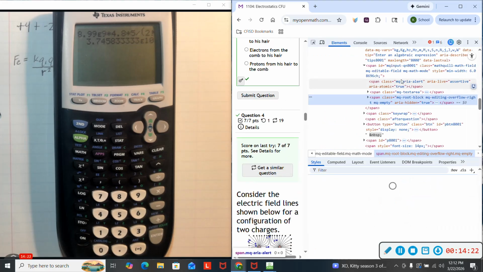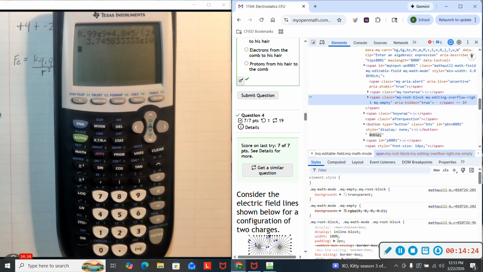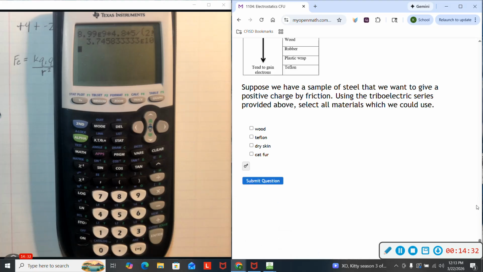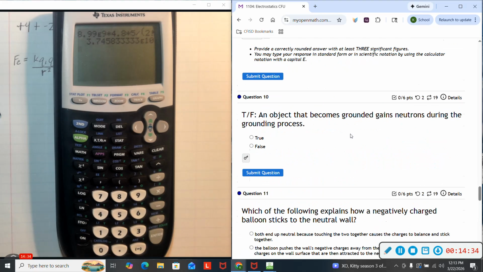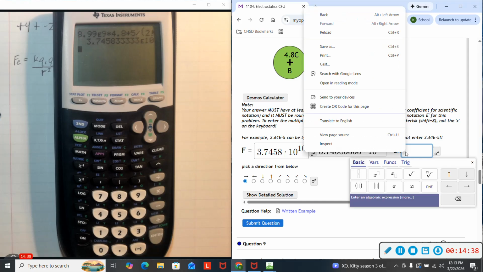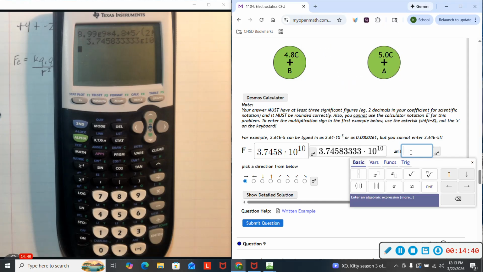Oop. I just pushed the wrong button. Not trying to do that. Awesome. Okay, let me get out of all this. I don't know what just happened there. All right, back up here. There we go.